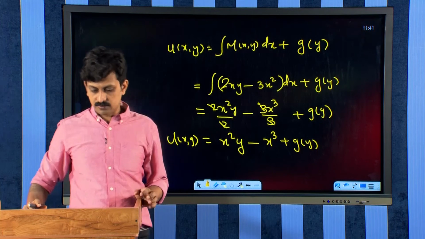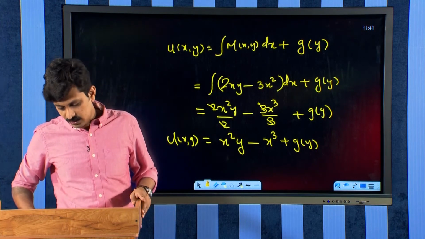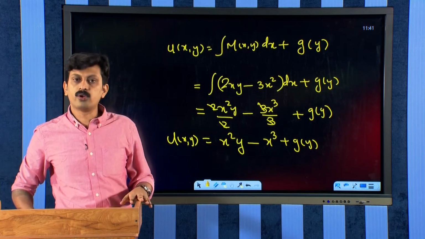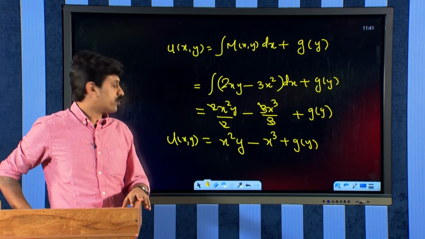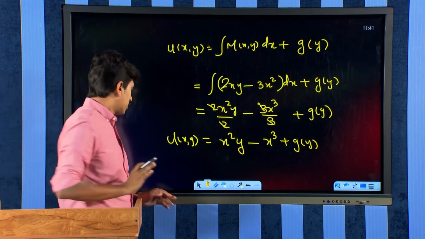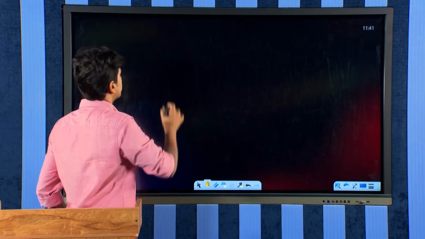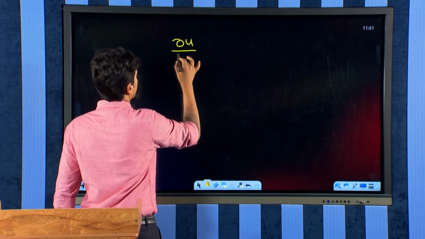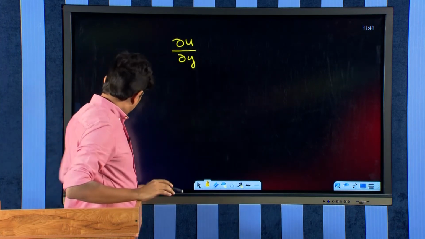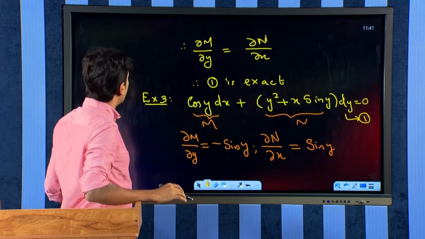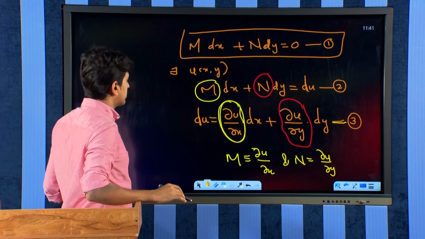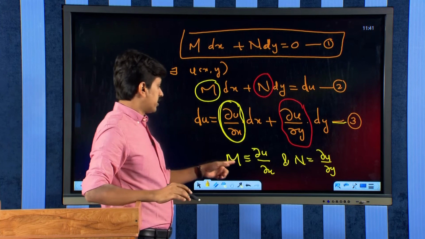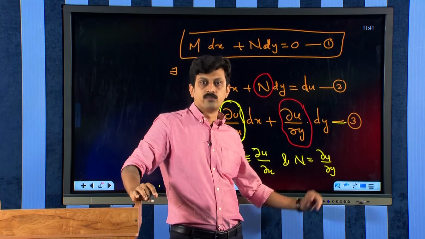This is the function u of x y. So, we can find dou u by dou y. Let me draw your attention to the previous part, where we have n equal to dou u by dou y.